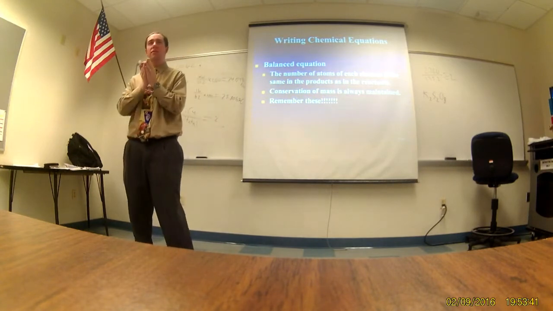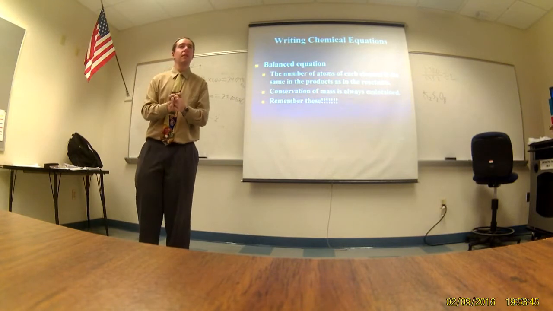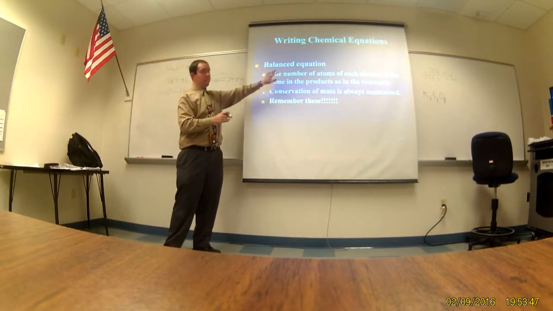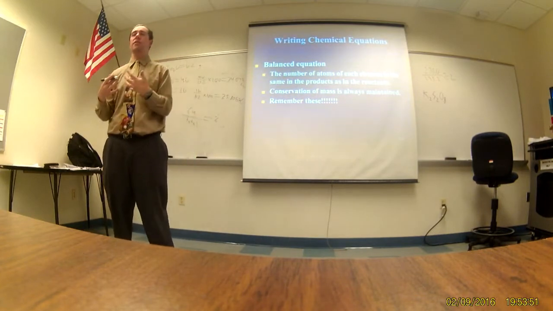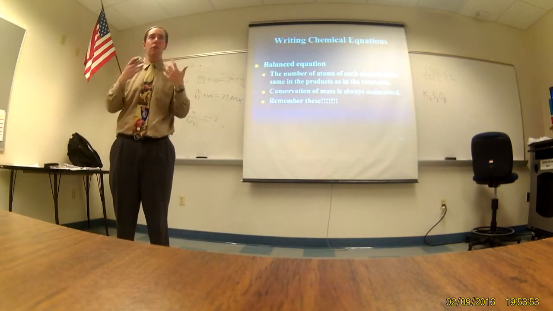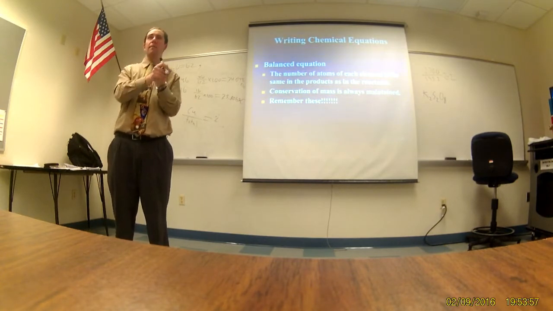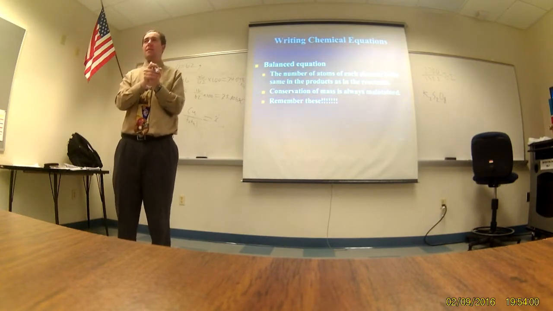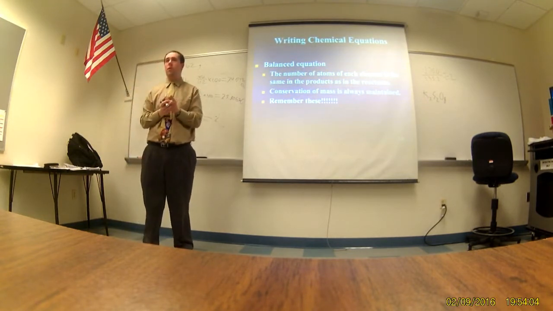If you have an unbalanced equation, you haven't finished writing it. In a problem on a quiz or a final, if you're given a chemical equation that does not tell you explicitly that it is balanced, you better look and make sure that it's balanced. Because it is fair game for them to make you balance it before you use it.